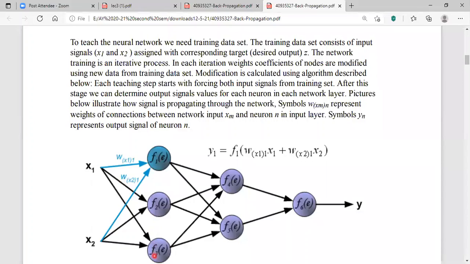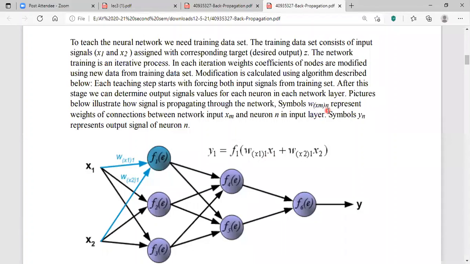Similarly, F2 and F3 can also be written. You try it with F2 and F3. So Y2 will be F2 of WX12 into X1 plus WX22 into X2.